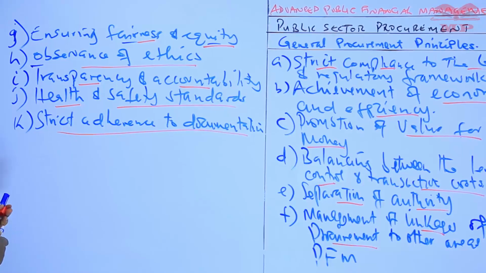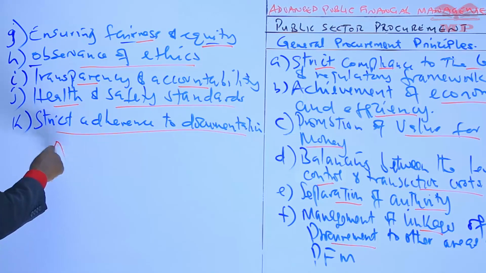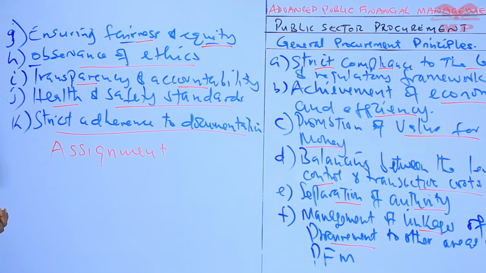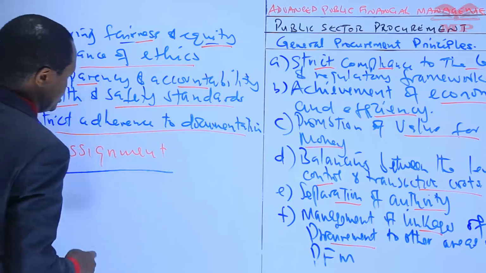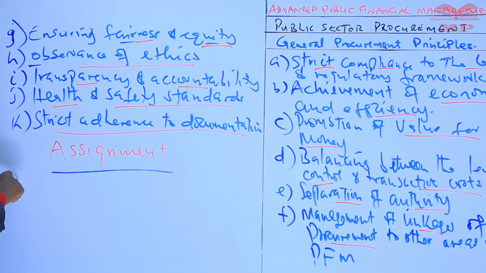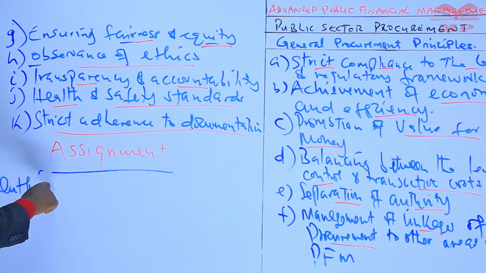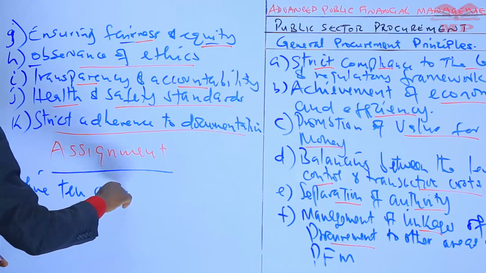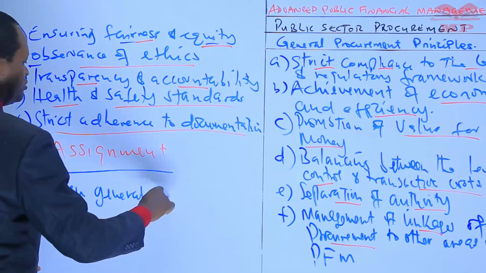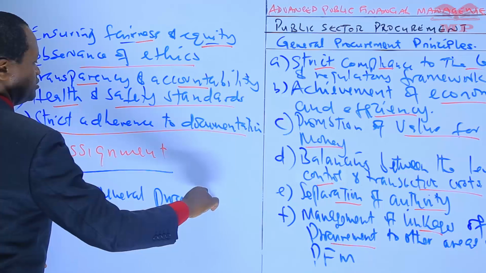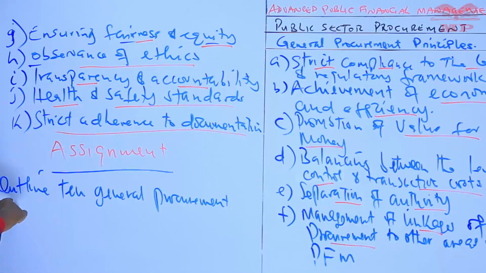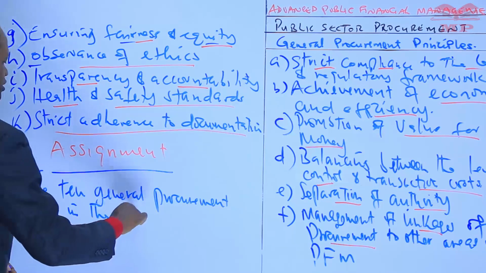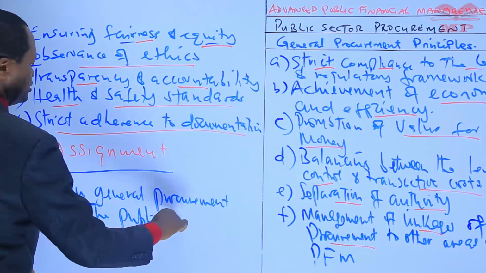So that will form the basis of today's assignment, where you are now required, without looking at the notes, to outline 10 general procurement principles in the public sector.